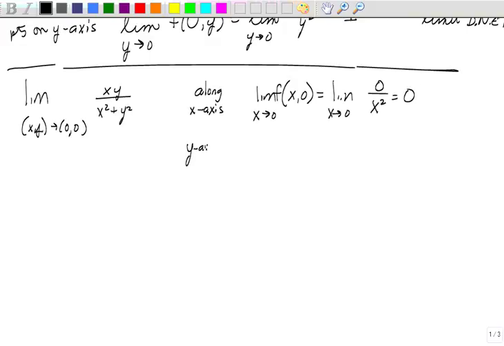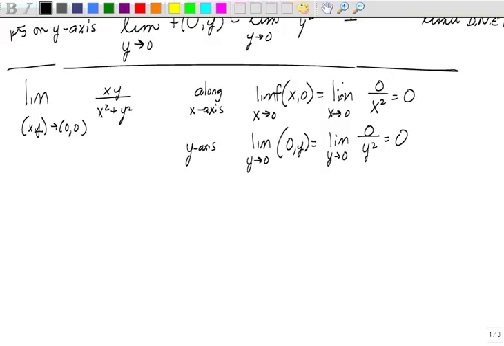Let's do it on the y-axis. Well, so that looks like it's the same, but that doesn't prove anything. To prove it, you have to use the epsilon-delta to prove that the limit exists, because you could do this all day long. There's an infinite number of ways that it can approach (0, 0).